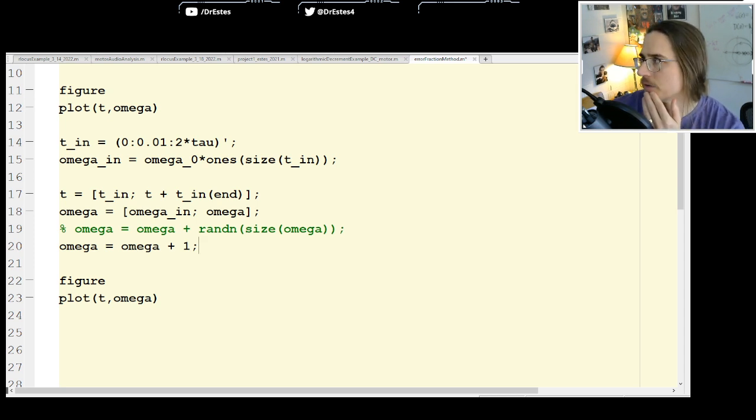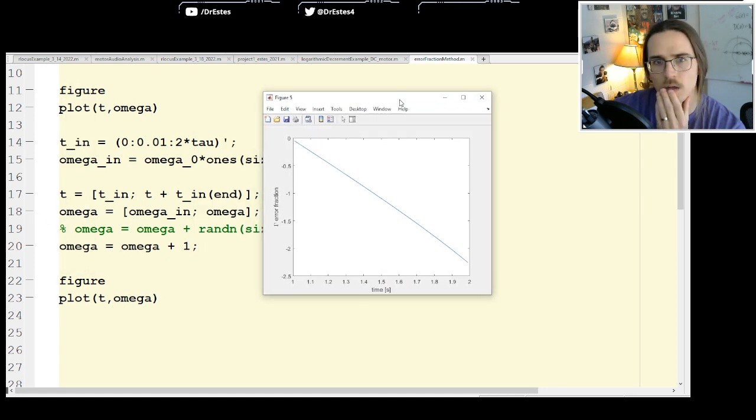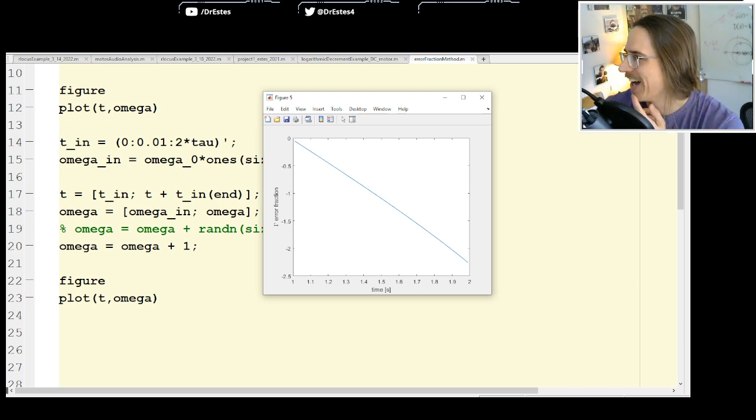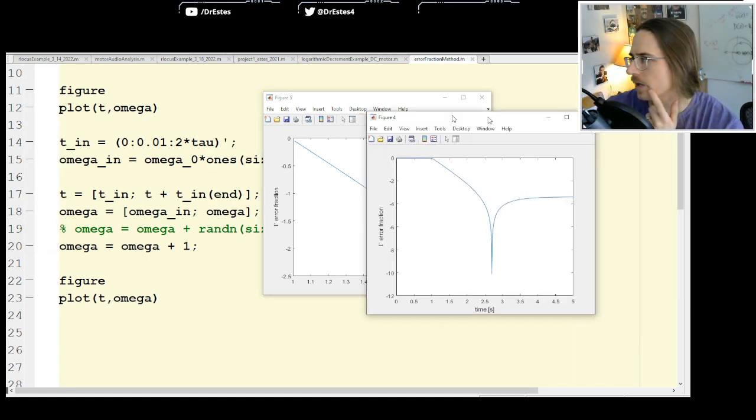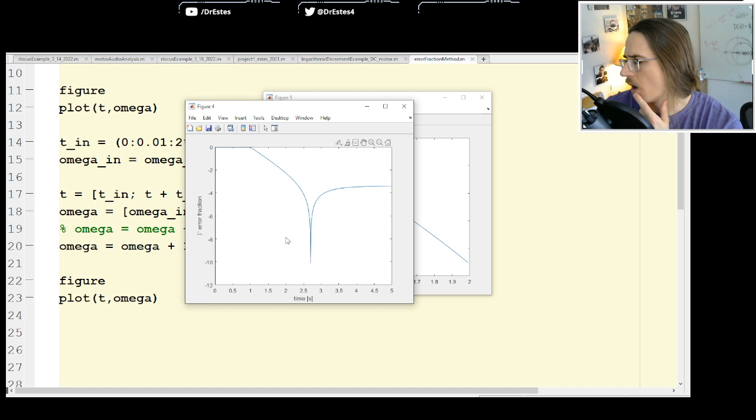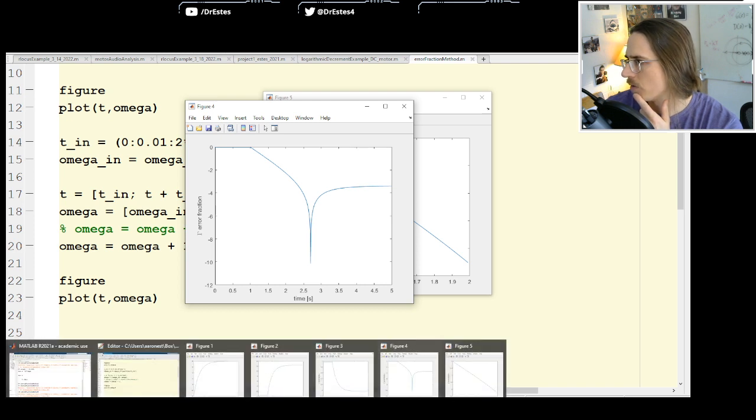I don't think that'll affect things. Oh, wait. Oh, right. You're right. Let's see. Look at our error fraction now. Oh, because of my steady state value.